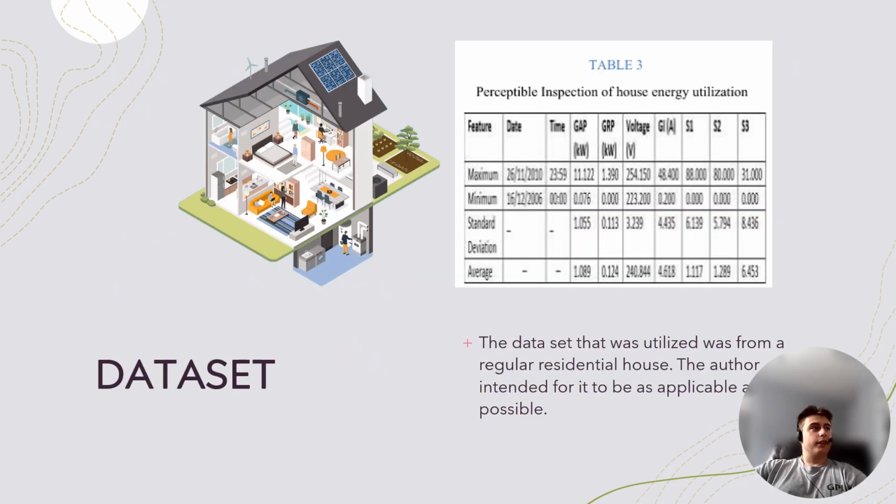Next one. Okay, so the data set. What the author stated in his paper was that he went with home energy utilization. He got this data from public use, but the purpose of this data was to predict a residential home.